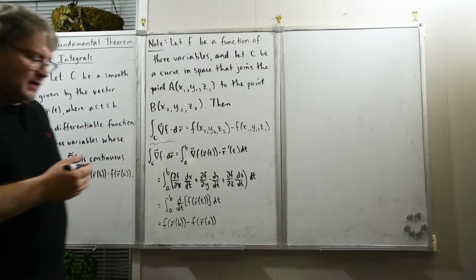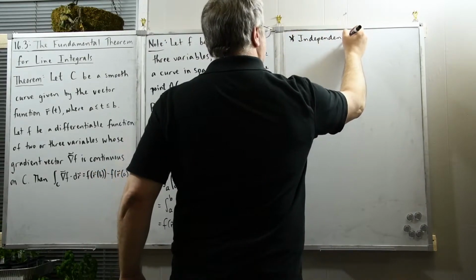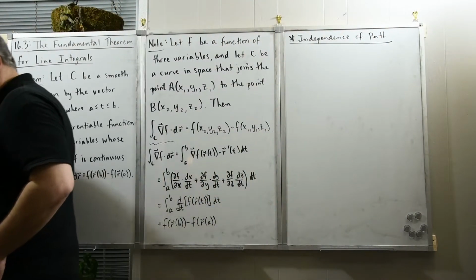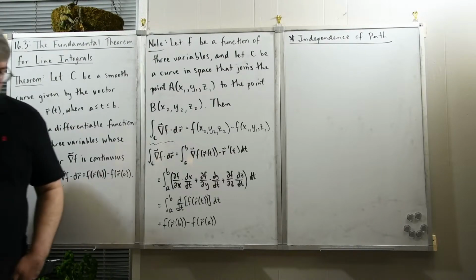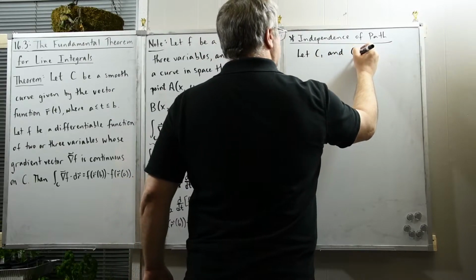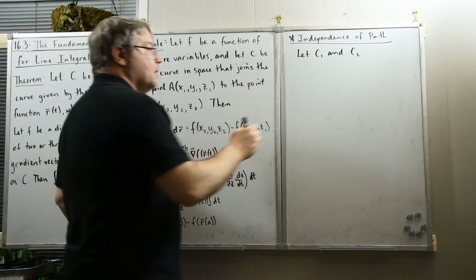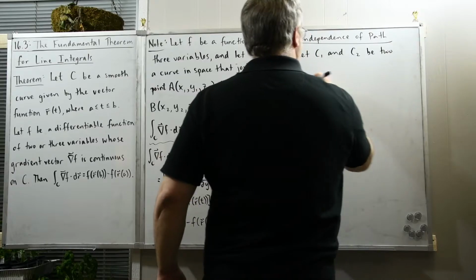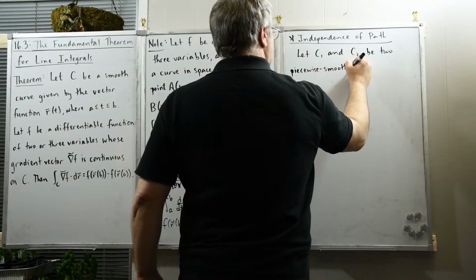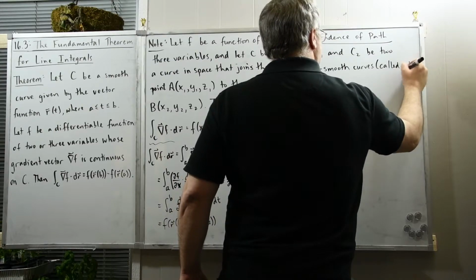Now, the next thing we're going to be taking a look at is something called independence of path. And so here we're going to let C1 and C2 be a couple of piecewise smooth curves, called paths.